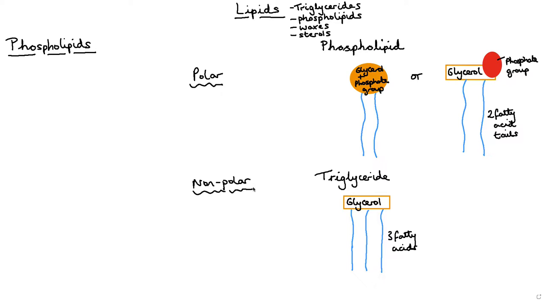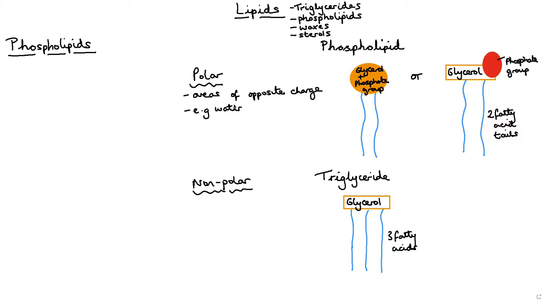So let's take a look at the word polar first, and what we mean by it. A molecule is polar if it has areas of opposite charge on the molecule. Now a good example of a polar molecule is water.